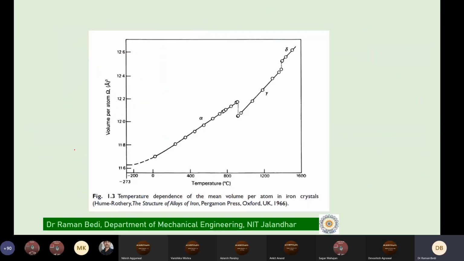Okay, so if I look at this phenomenon, it was reported in 1966 by Hume-Rothery, and we will see some more work related to Hume-Rothery, and how their work is utilized in our study of solid solutions.